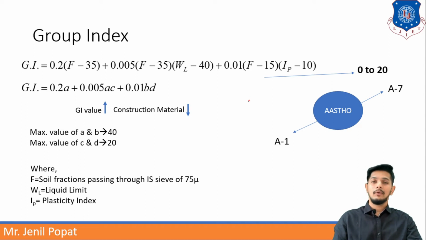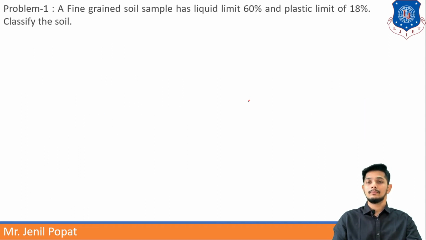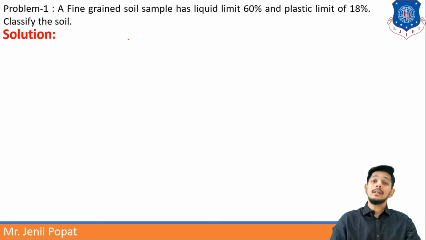Let us move forward. Problem number 1. A fine grained soil sample has liquid limit 60% and plastic limit 18%. Classify the soil. Let us solve this. Given data: WL is 60%, WP is 18%.